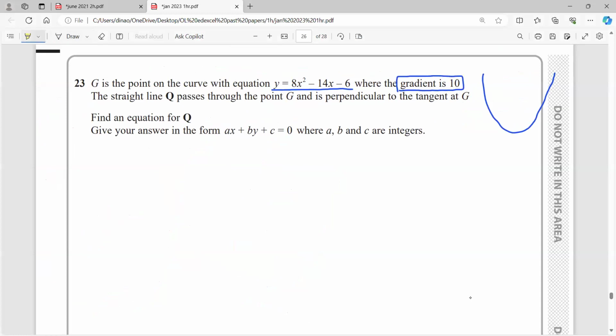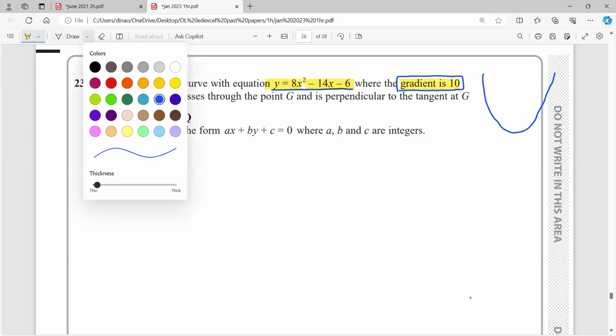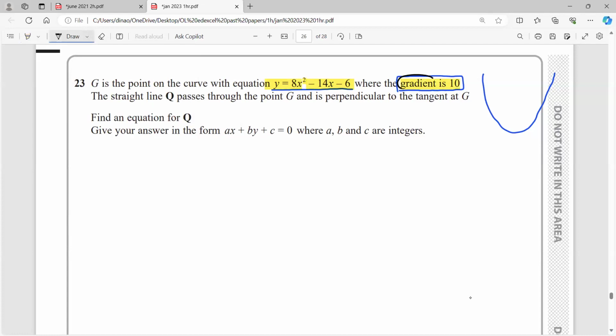Now this is a keyword. أولا أنا دي algebraic equation وزي ما اتفقنا يا جماعة to be able to know that this is a differentiation it has to be algebraic. Gradient is 10. This is a very, very important keyword. Gradient of curve يعني dy by dx is يعني equal 10 أهو. يبقى دي مسألة differentiation.